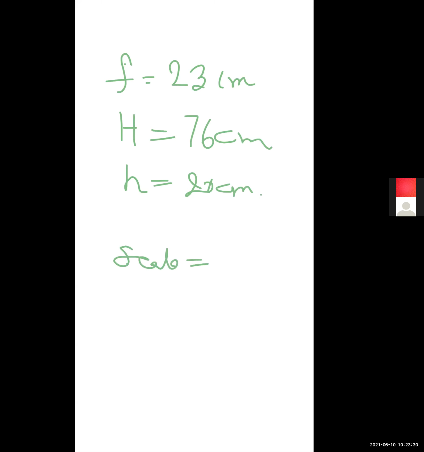So scale equals f by H minus h. So calculate the value of the scale. What is the value? 0.41 centimeter. 0.41 centimeter.